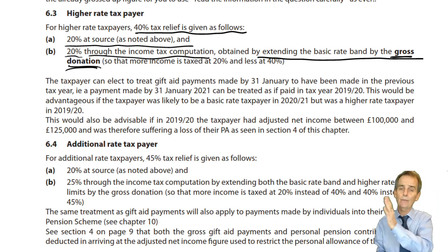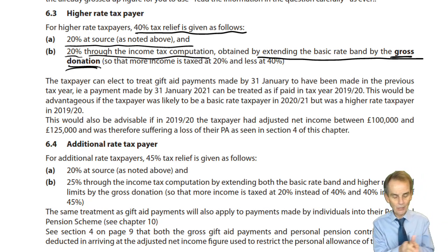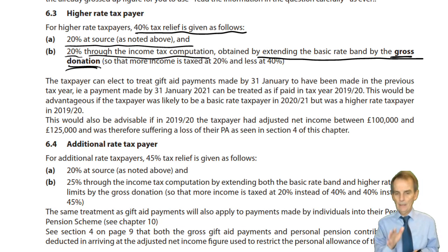Non-savings followed by savings followed by dividend income there. And the only difference is, instead of basic rate stopping at £37,500 of taxable income, you've extended that band limit by the gross payment of 5,000 to 42,500. The way that effectively gives you your higher rate relief is you've just taken £5,000 of your income that would otherwise have been taxed in the higher rate band at 40%.